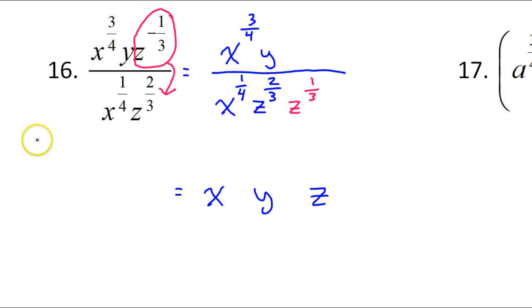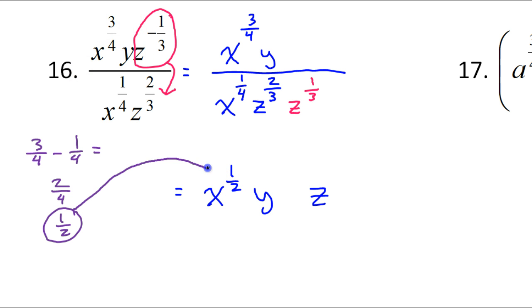So off to the side, I'm doing 3/4 minus 1/4, which is 2/4, but that simplifies down to 1/2. So we have x to the 1/2 power, and that came from this. Now the y is the only y, so it's just going to stay y.